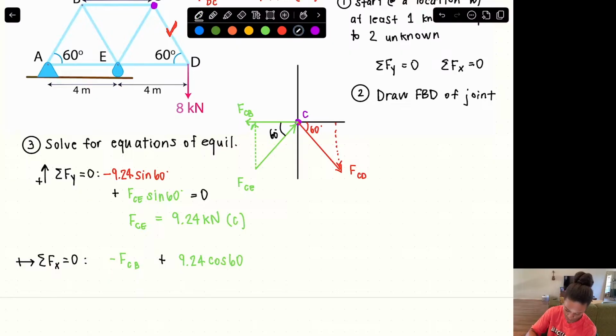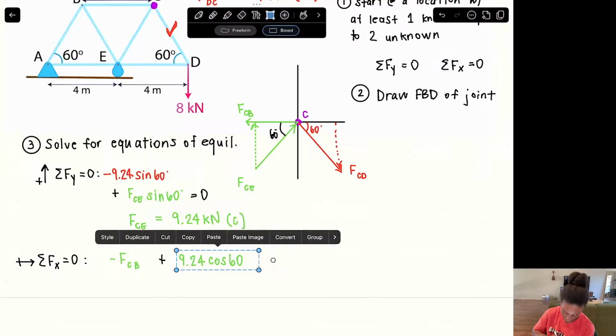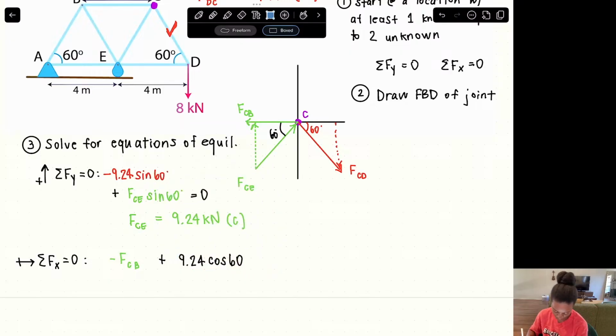And then plus 9.24 times the cosine of 60.